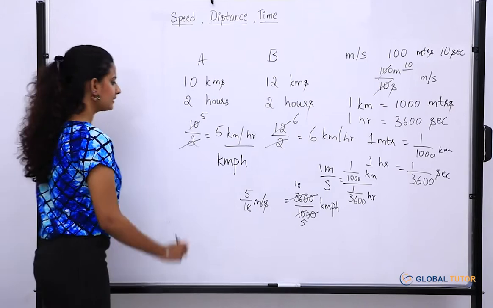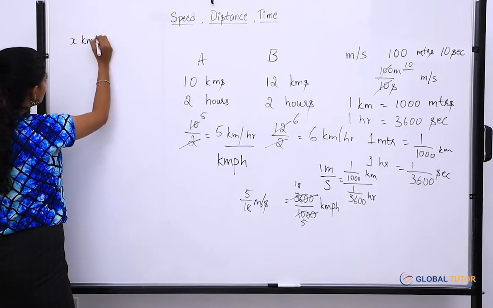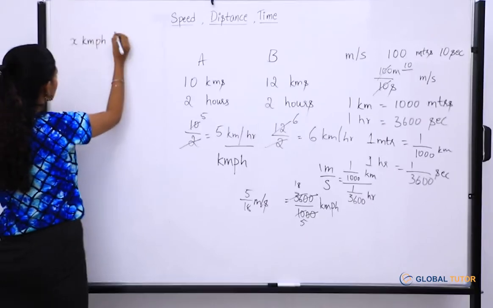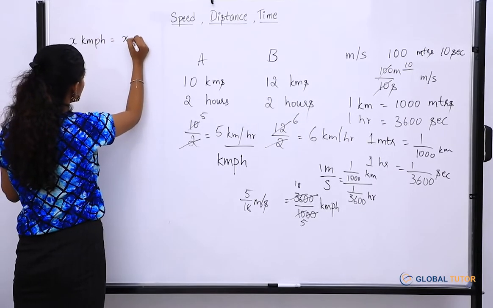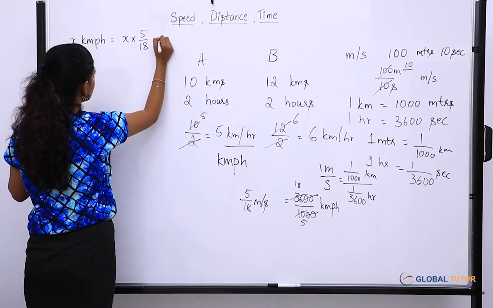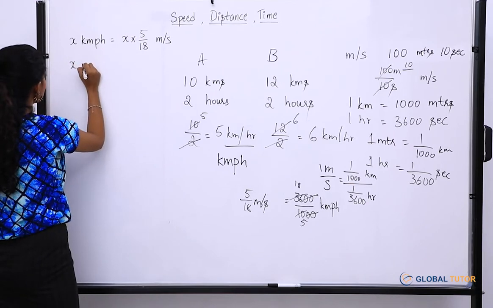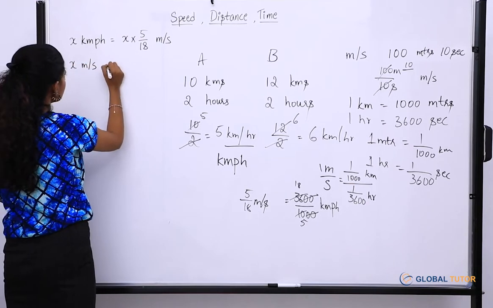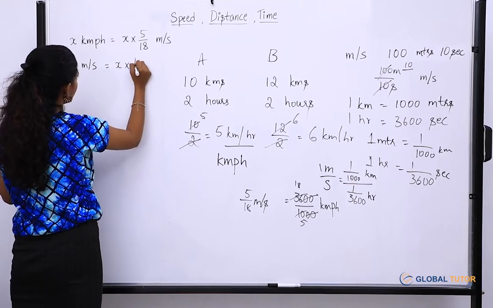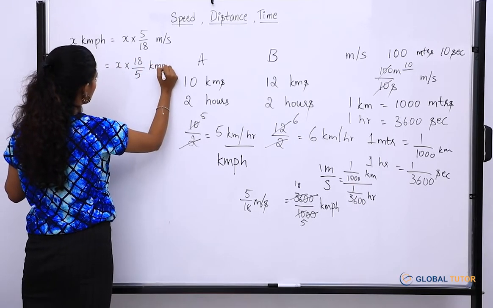So let us write this. x kilometer per hour will be x into 5 by 18 meter per second, right? And x meter per second will be x into 18 by 5 kilometer per hour.